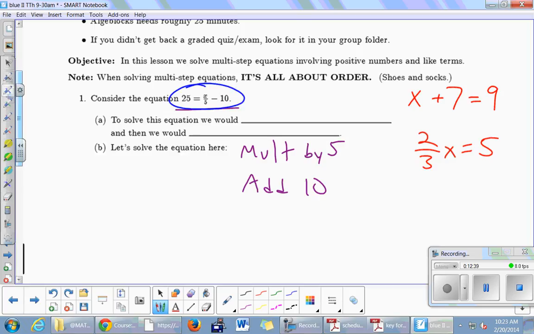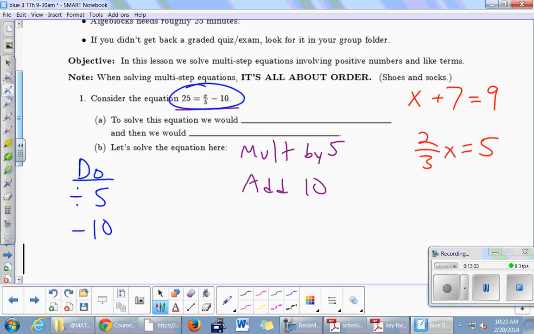Somebody took our x and they did two things to it. They divided and they subtracted. Which one did they do first? The first thing they did was divide our x by 5. I'm going to say, here's this do list. So the first thing somebody did is divided by 5. And then the next thing they did was subtract 10.